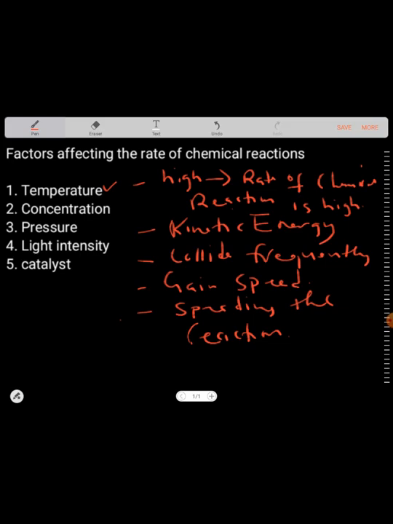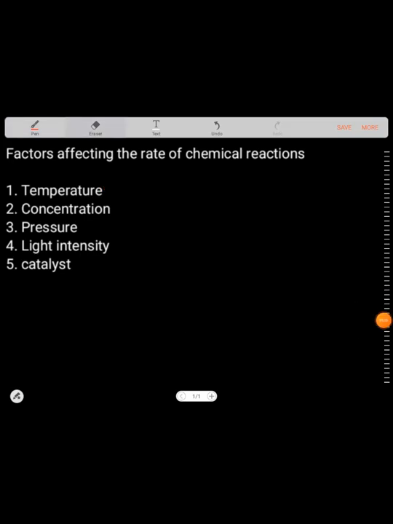Let's look at concentration. How does concentration affect the rate of a chemical reaction? We know that concentration deals with the number of particles. That's what concentration is.